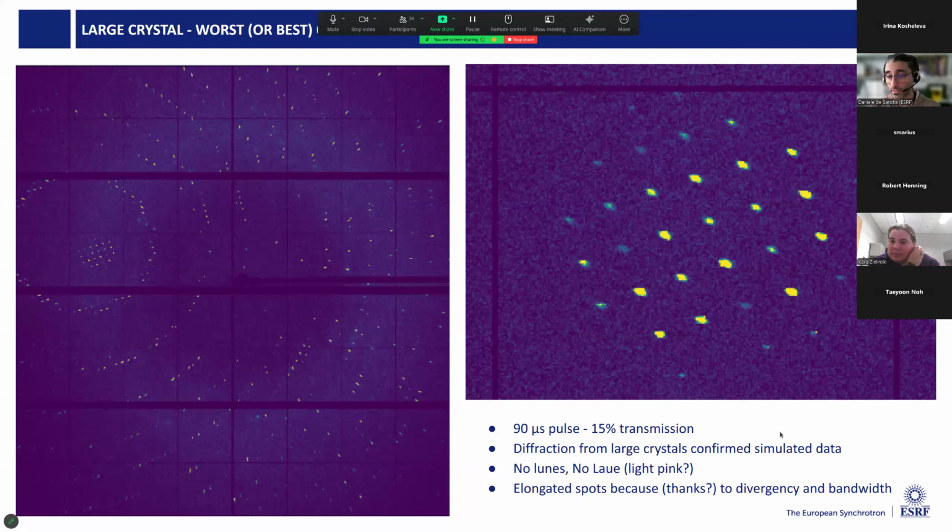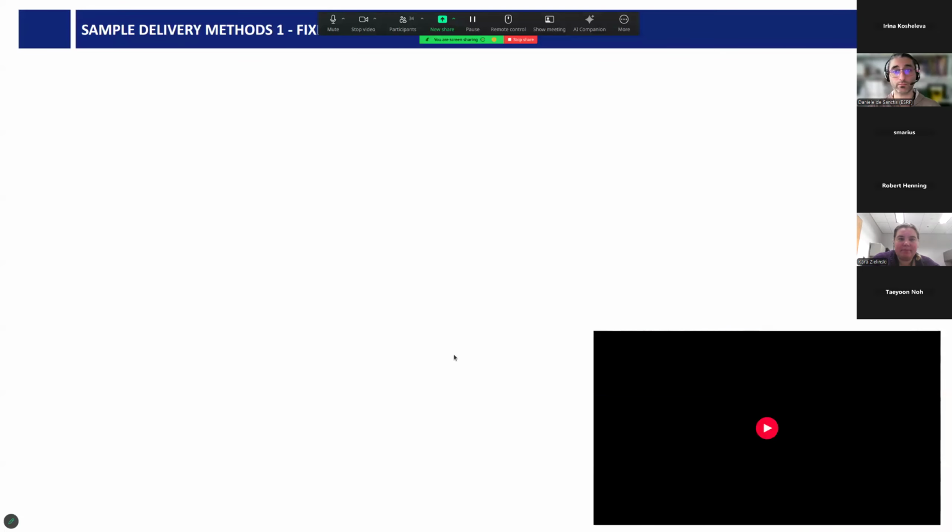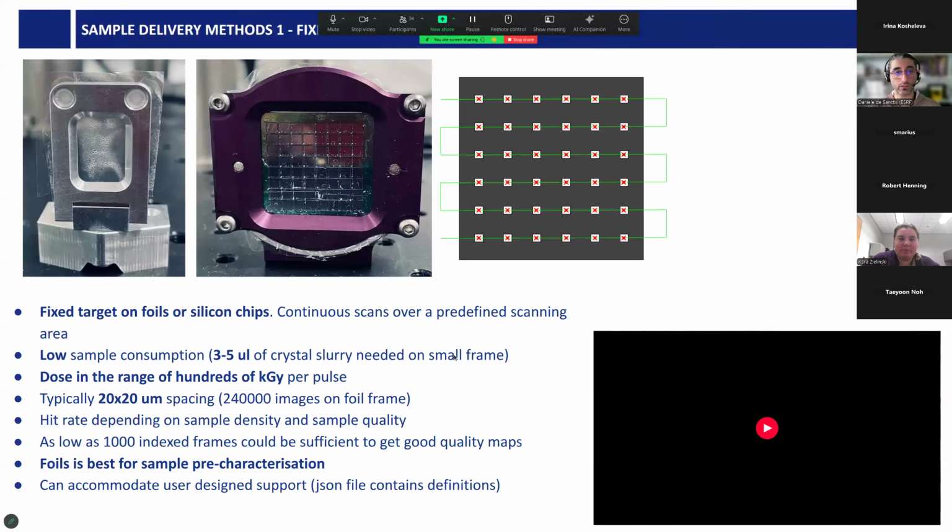I think this is actually a good help, as I said, because it makes the spots less partial than when we collect from still images.